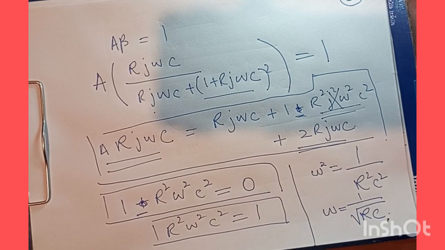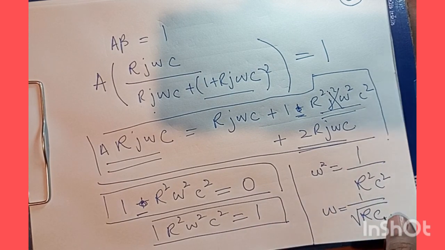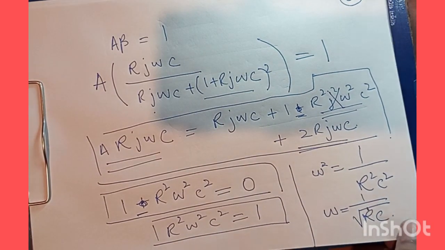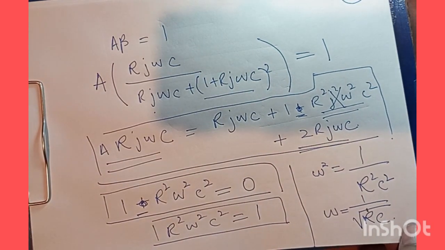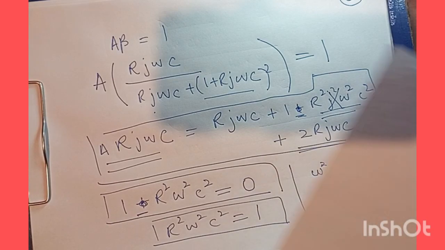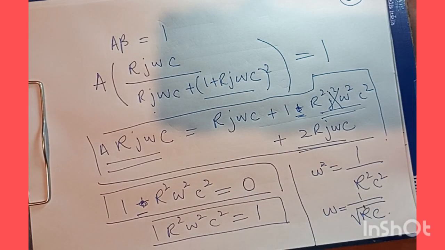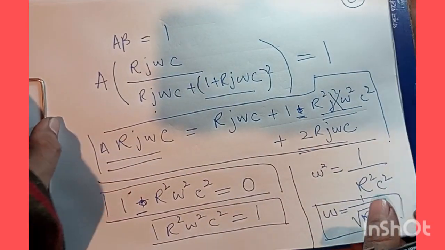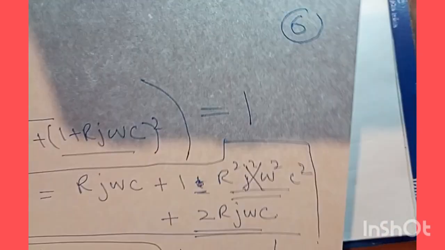Okay, from here we are able to calculate the frequency of the oscillation that we can make use of. With this proceeding on, if we go on from here, comparing the imaginary parts of this equation.